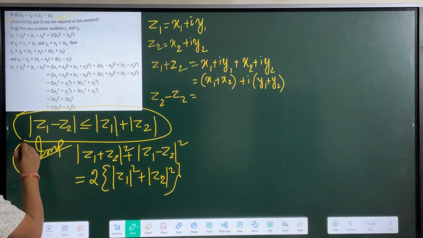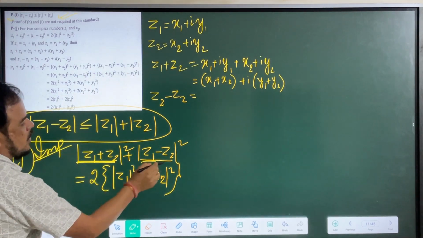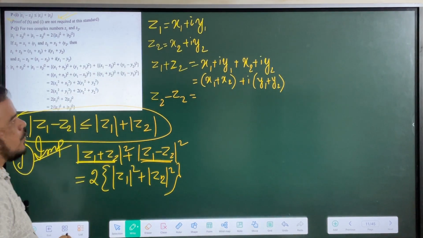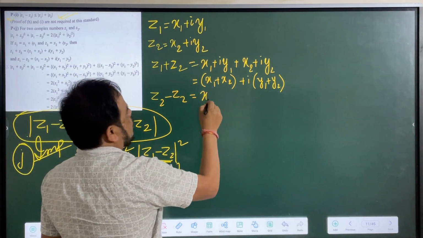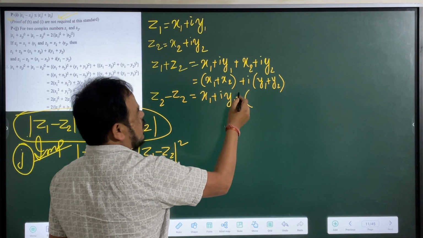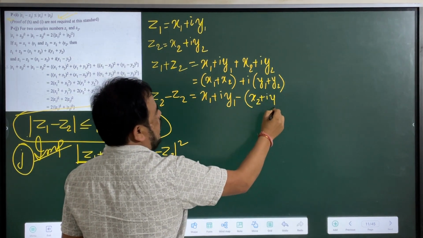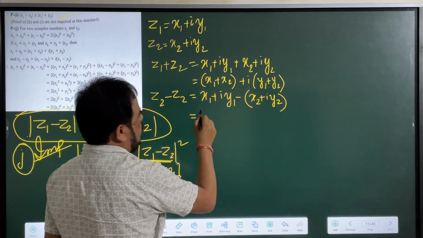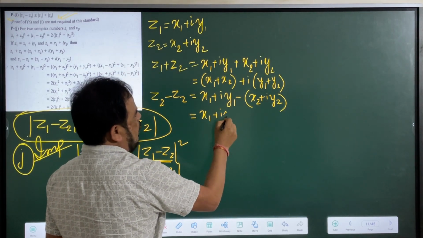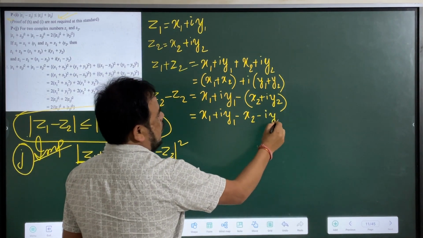Z1 plus Z2 we have done. Z1 minus Z2 we are going to do now: x1 plus i y1 minus Z2. Minus is there, so I am putting a bracket here, x2 plus i y2. Let us break the bracket now: x1 minus x2 minus i y2.